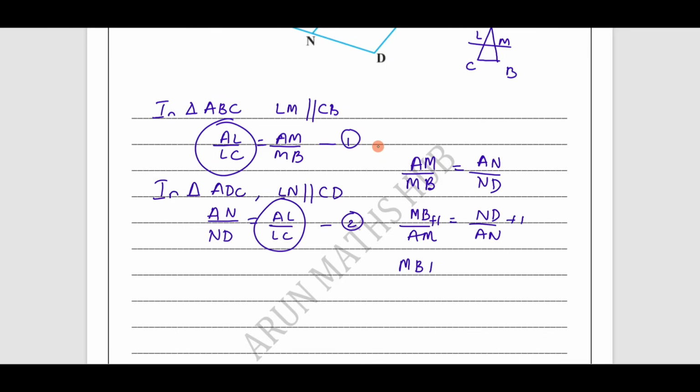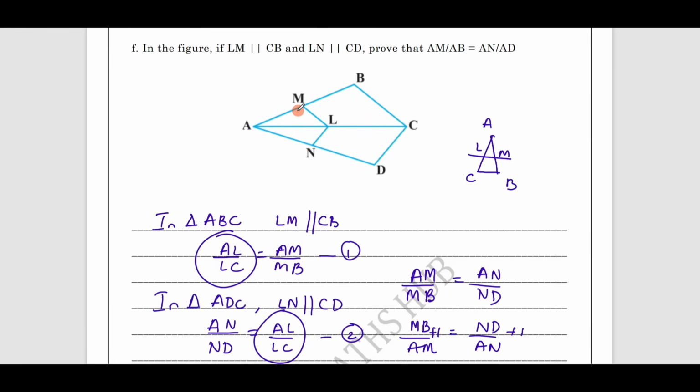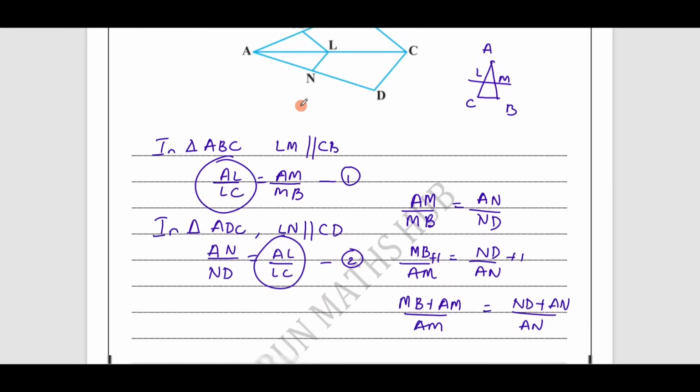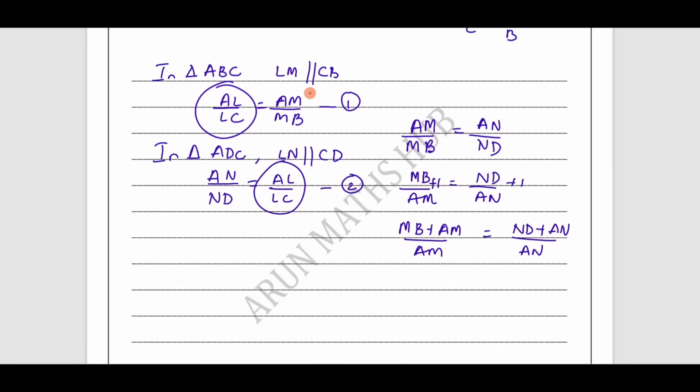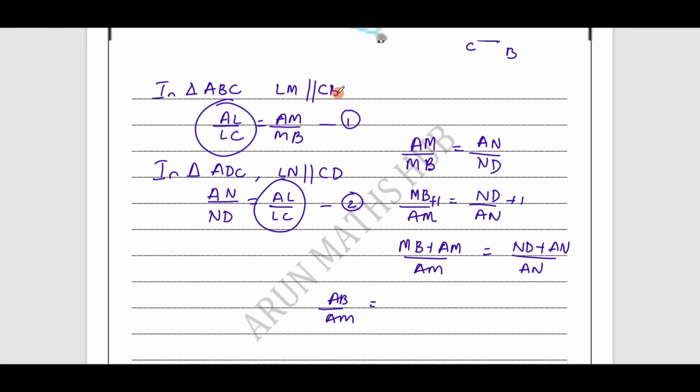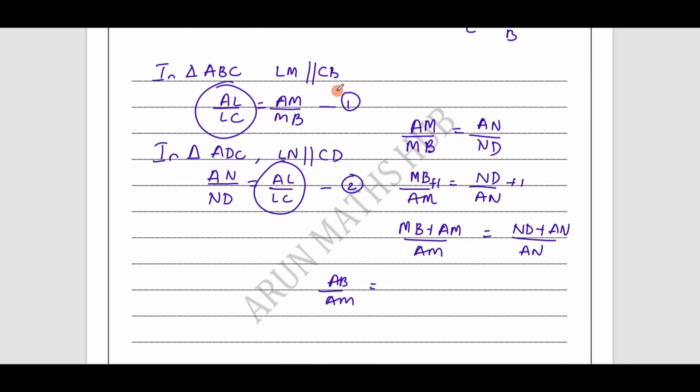MB plus AM by AM equals ND plus AN by AN. So what is MB plus AM? MB plus AM is AB. Now we get AB by AM equals AD by AN.